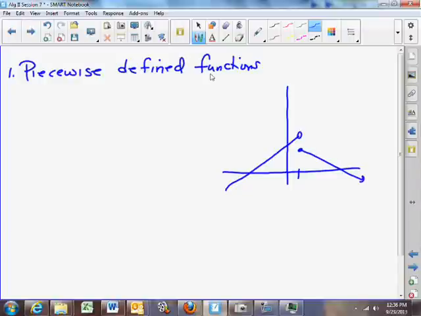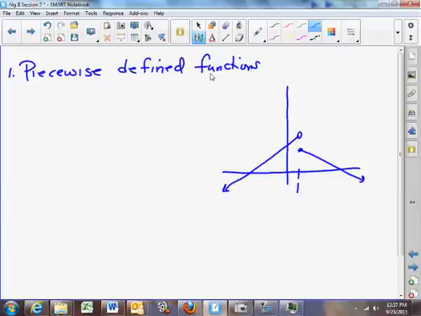Notice this is kind of like having two functions. Let's say this is the point 1 there, x equals 1. To the left of 1, the function is doing one thing, and then to the right of 1, it's doing something else. Basically, we're looking at a function where it stops doing one thing after a while and starts doing another.